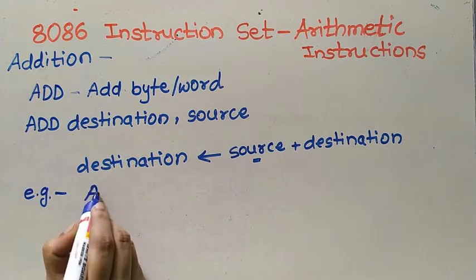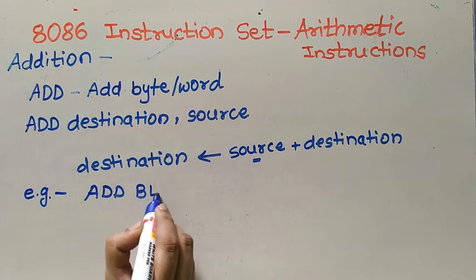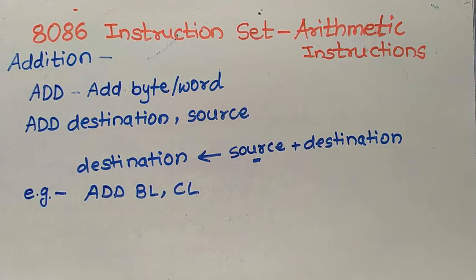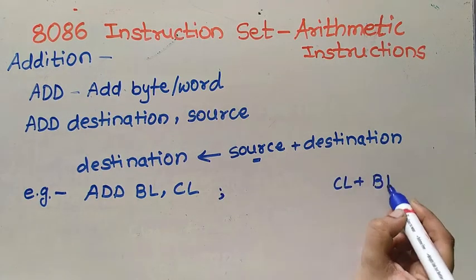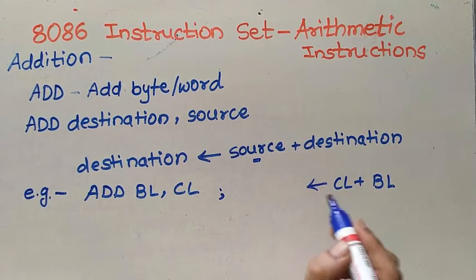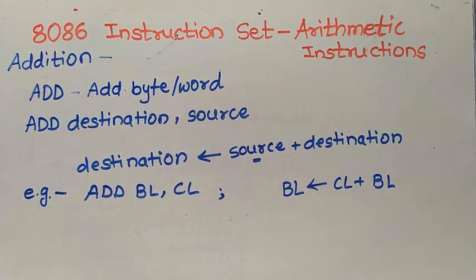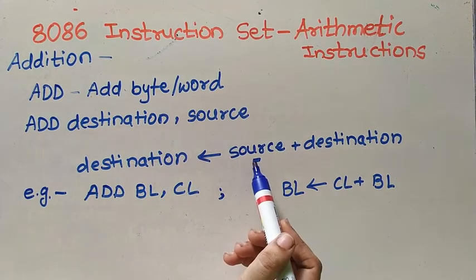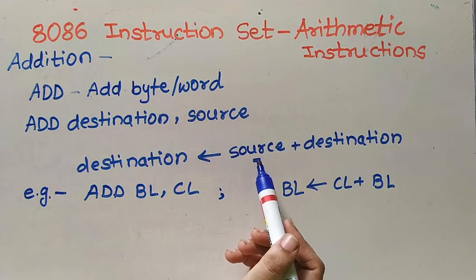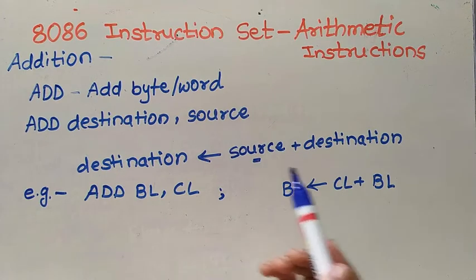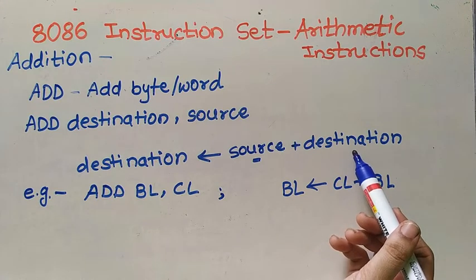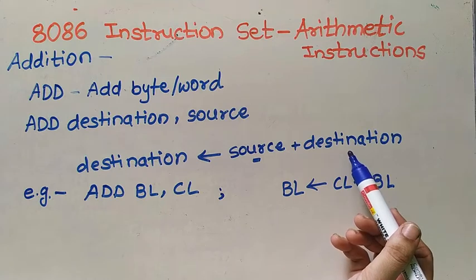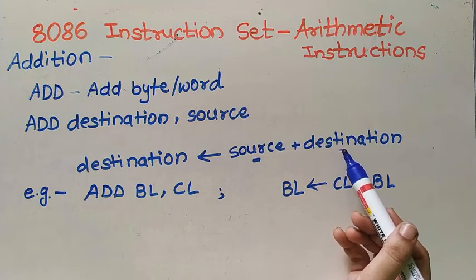Let's take one example. ADD BL, CL. After this instruction, the contents of CL and BL are added together and the result is stored back into the BL register. Here the source can be register, memory location or immediate number, while the destination can be register or memory only. The immediate number cannot be used in place of the destination.